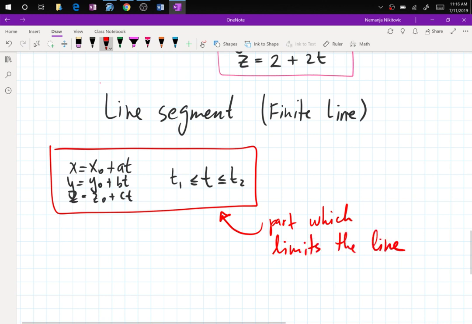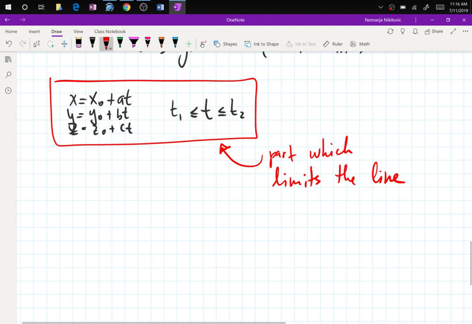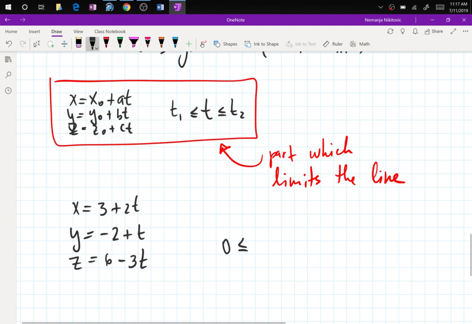So now, say you have x equals 3 plus 2t, y equals -2 plus t, and z equals 6 minus 3t, and you are on 0 less than t less than 2. You can calculate endpoints for this line by simply plugging in zeros everywhere and 2's everywhere.